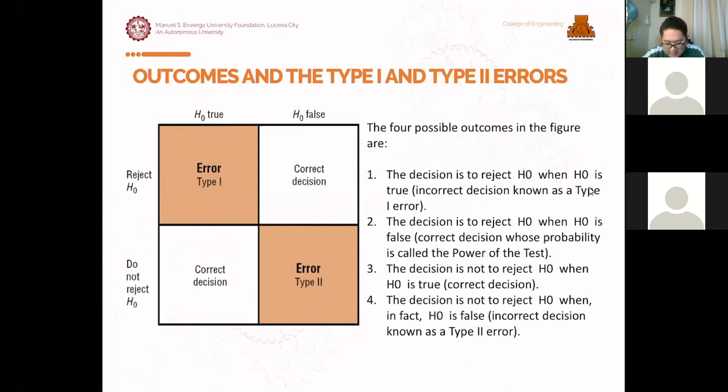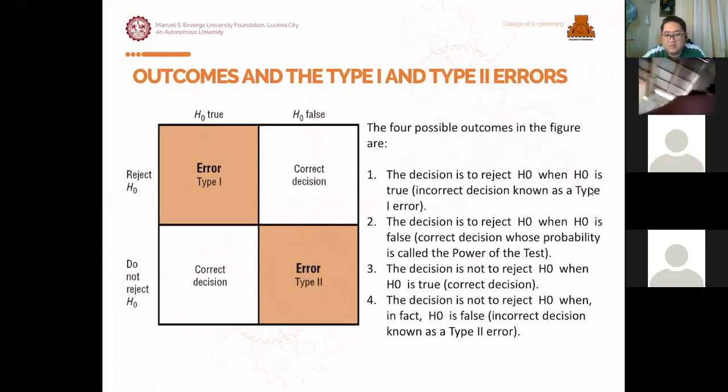Then last is our last intersection, of the second column and second row, where our null hypothesis is not true, but we do not reject it. Okay? So, that is our type 2 error. Okay? So, just remember this table, because we will use it in our next discussion next week.